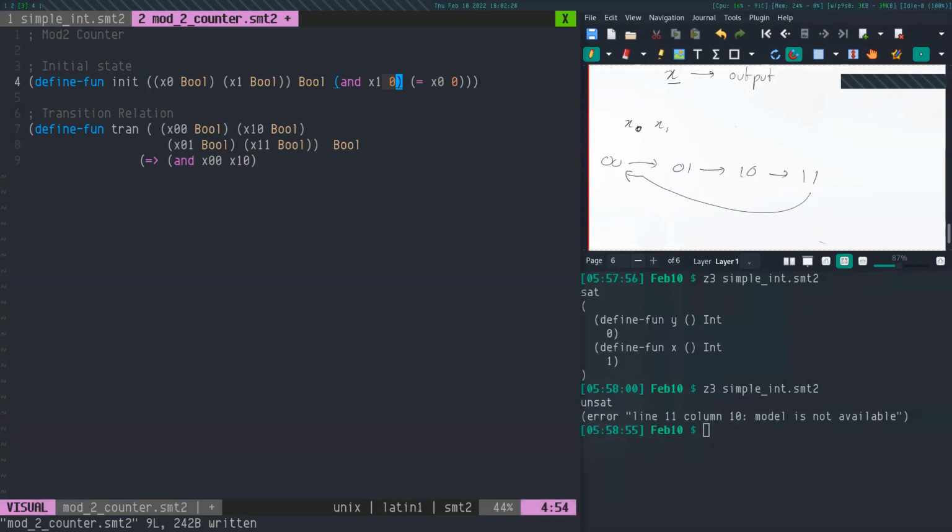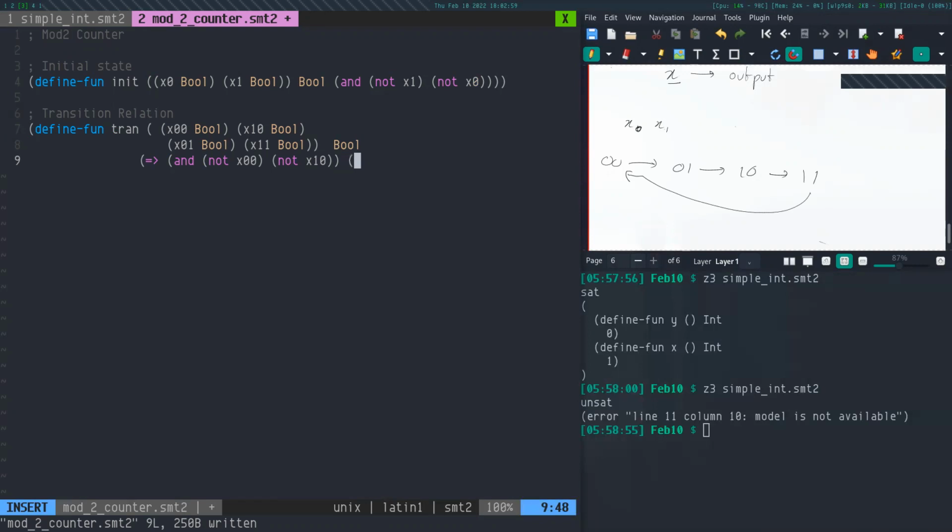So I don't need to do this actually, I can just say not of this. If both of them are 0, then both of the input variables, x0 and x1, are 0.